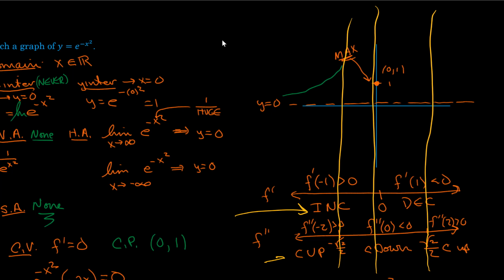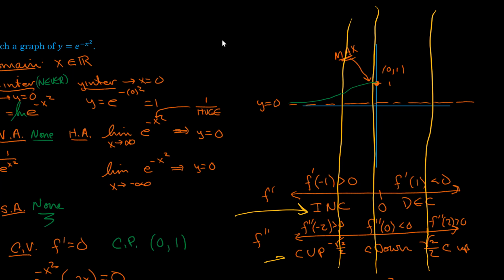On the second interval, it's still increasing, and it is no longer concave up but now concave down. So what's going to wind up happening is it's still going up, but it's going up at a slowing rate. And remember, I've got to hit this maximum point of (0, 1). So it's coming up, switching, coming up like this.